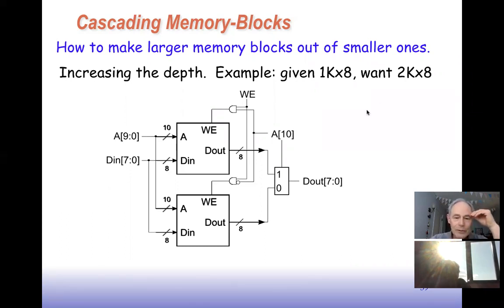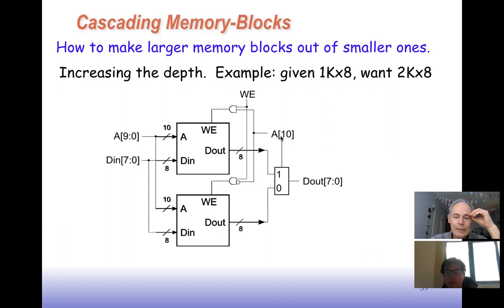It gets used two different ways depending on whether we're reading or writing. If we're reading, we can use that to control a multiplexer, which is 8 bits wide, that sends the proper word out. So when we read, we're going to read out of both memory blocks, and then we'll choose the proper word according to what A10 is.